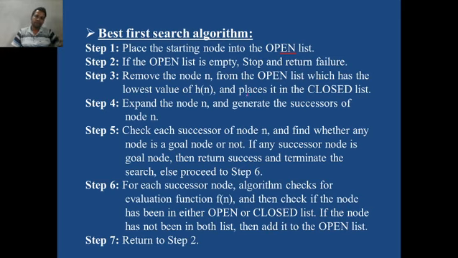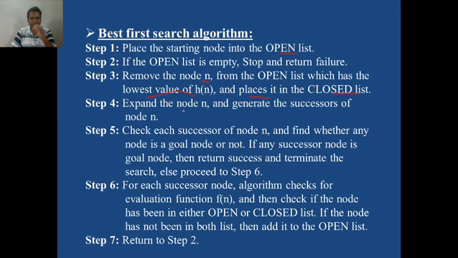For example, there are two successor nodes after S, A and B, and if B has the lowest heuristic cost, then you have to place it in the closed list. That means if node n has the lowest heuristic value, then you put it in the closed list.